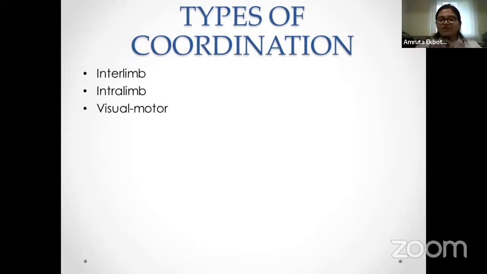So interlimb coordination will be coordinated movements in the same limb between different segments, right? Intralimb coordination is mostly seen in bimanual activities, wherein both of your upper limbs have to work together, right?